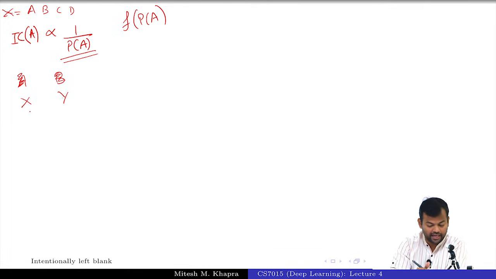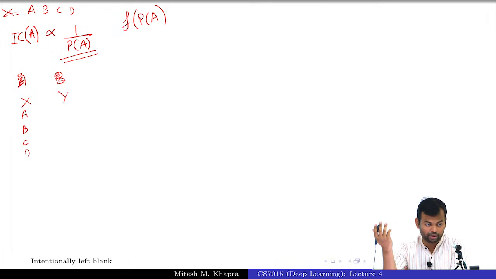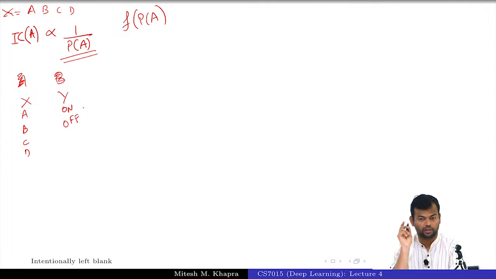X is again this random variable which can take on these four values, A, B, C, D, depending on who won in the tournament. And Y is another random variable which can take on the values on and off depending on whether the AC is on in this room or not. What can you tell about these two random variables? They are independent random variables. This is on or off, and this is which team won the tournament.